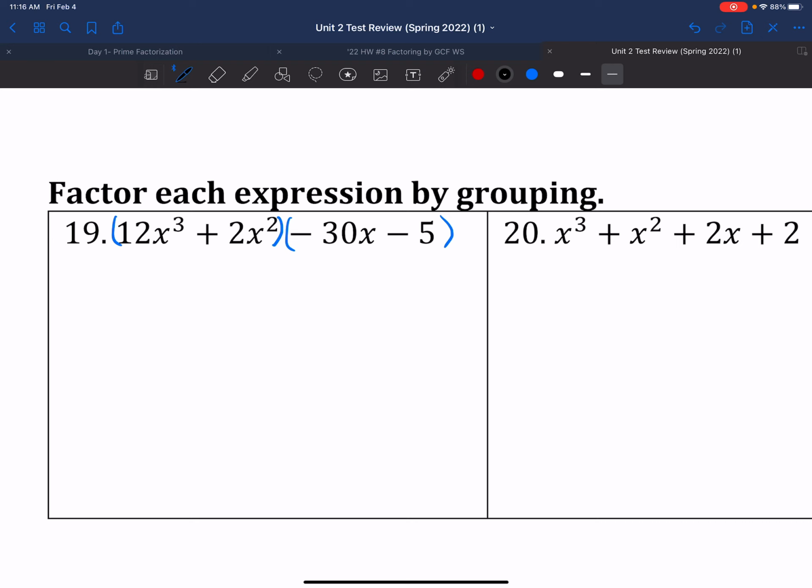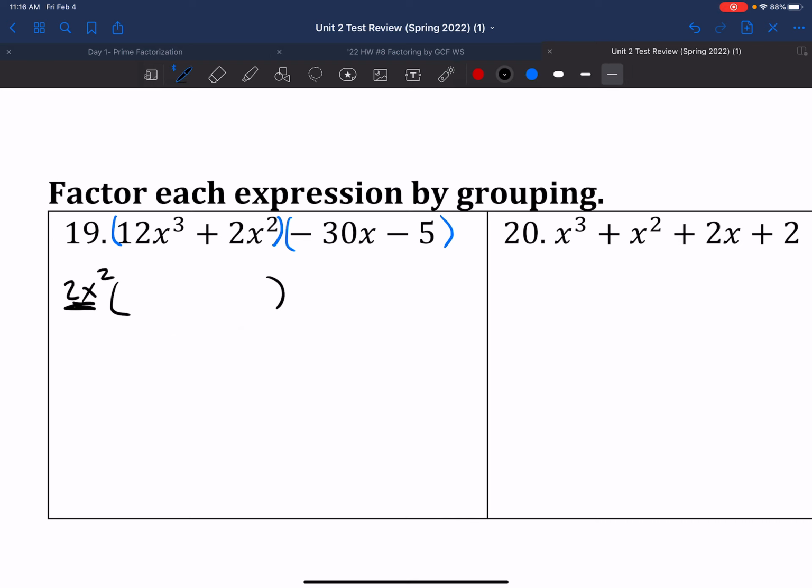as we factor things out. Okay, so now something here is my GCF. What is the GCF of 12x cubed and 2x squared at the same time? Well, 2 goes in there, and they both have an x, so I put an x there, and the lowest exponent is the 2nd power. And then what do I put here?